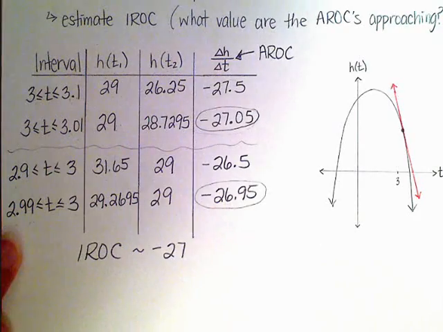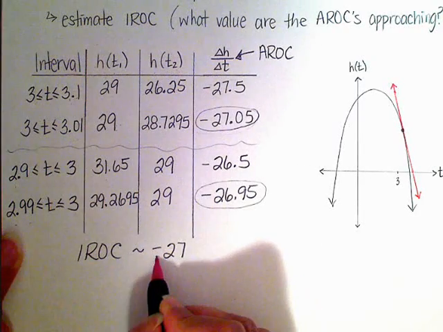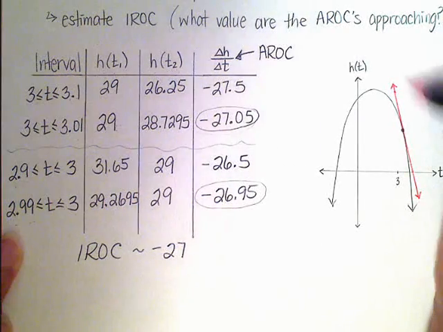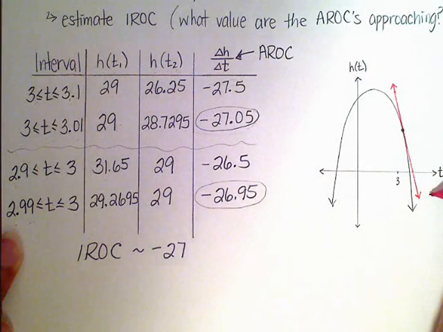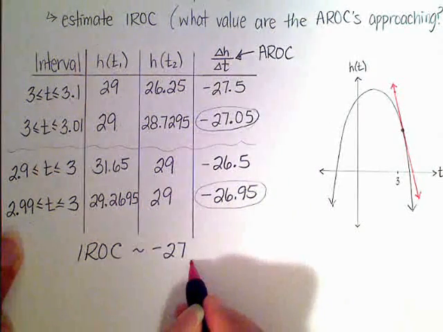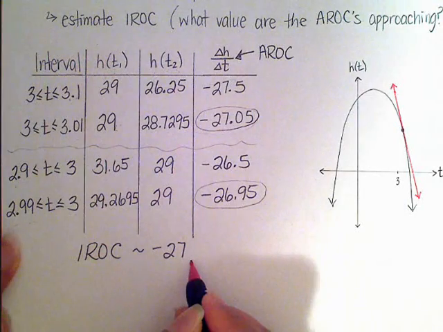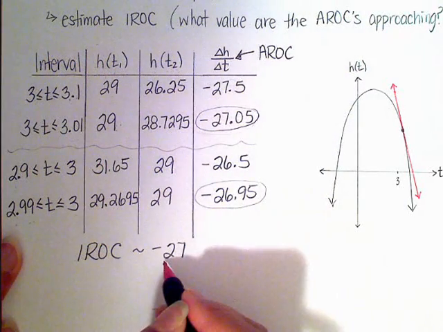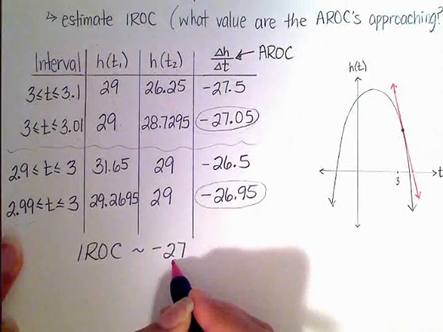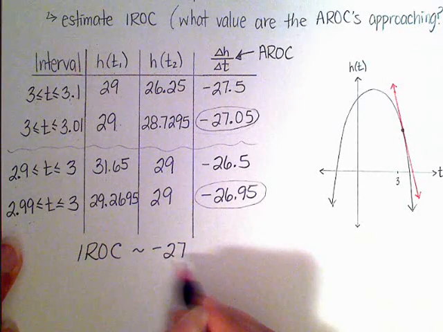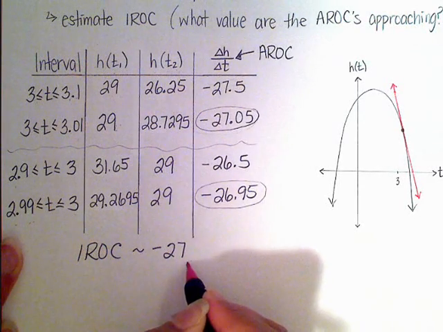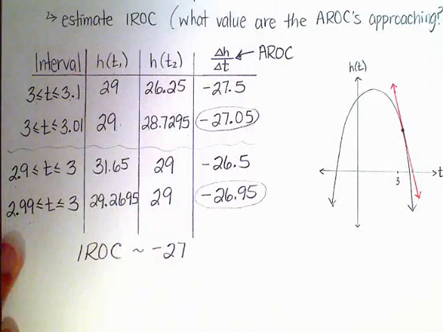Okay? And the fact that this is negative indicates that the graph must be decreasing at that particular point. And the 27 indicates that that's the change in height over time. Okay, so the rate of change would be 27 meters per second coming downwards, or negative 27 meters per second.